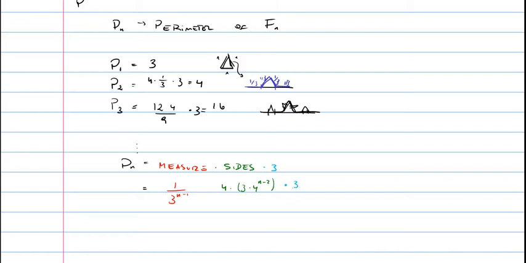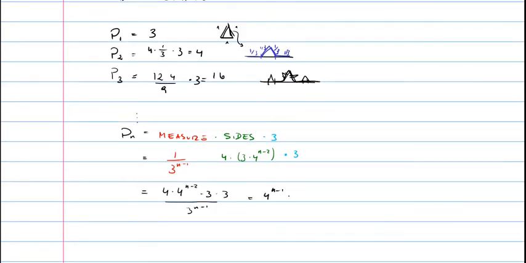And all this is multiplied by 3. So we have 4 times 4 to the n minus 2 times 3 times 3 divided by 3 to the n minus 1. So this is 4 to the n minus 1 times 3 squared divided by 3 to the n minus 1.